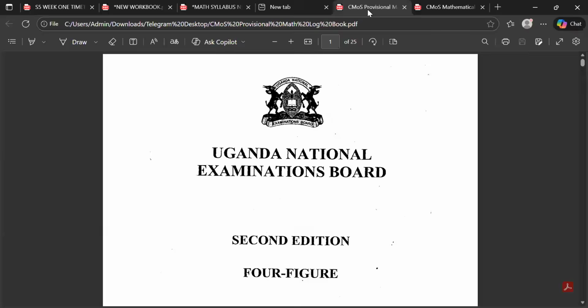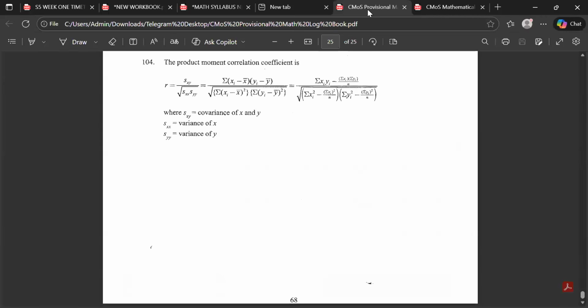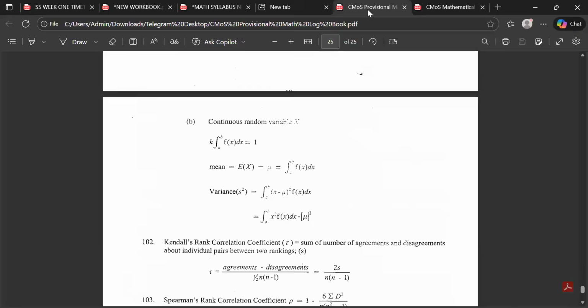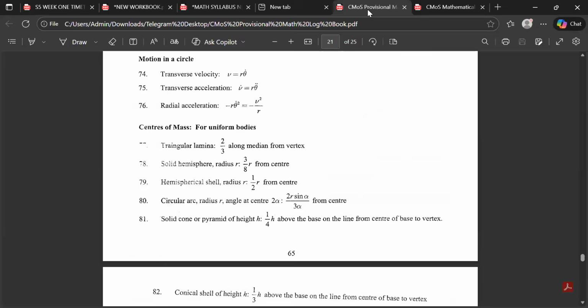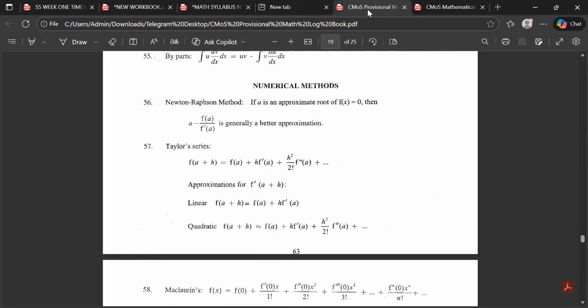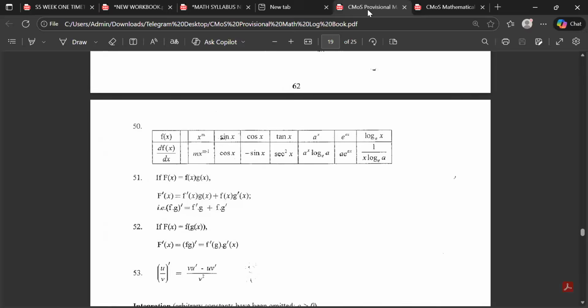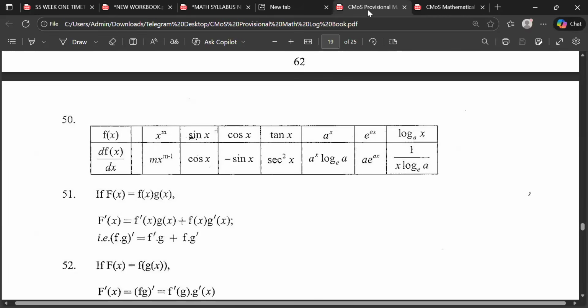Someone is saying yes, page 63. Let's confirm. Is it formula 50? Is it the one?